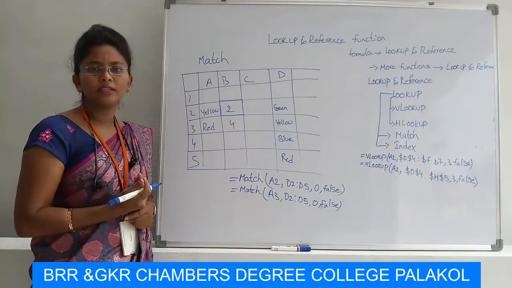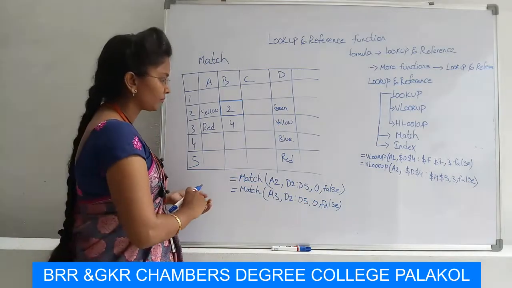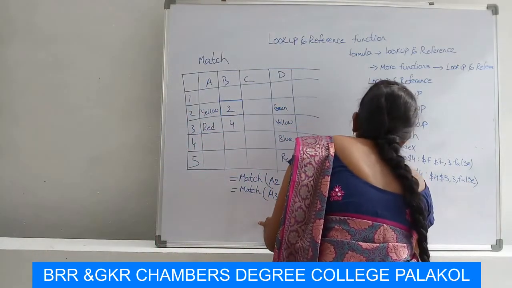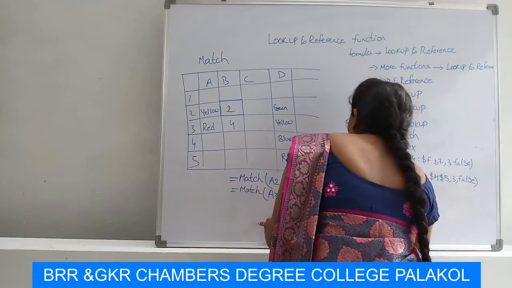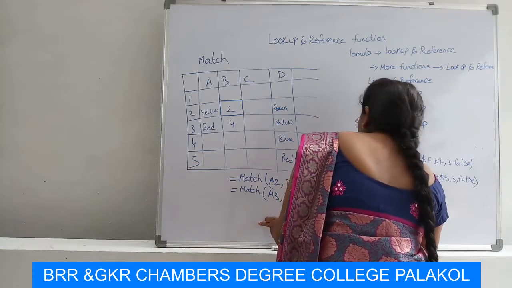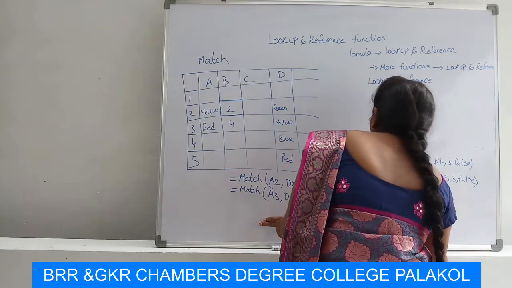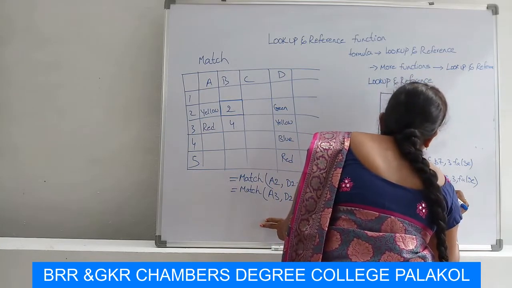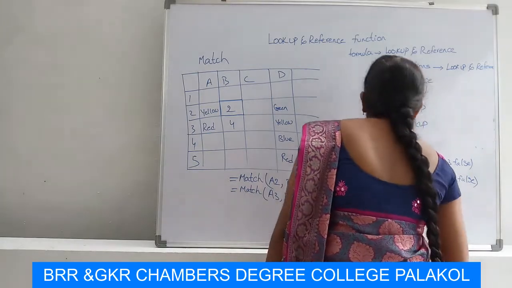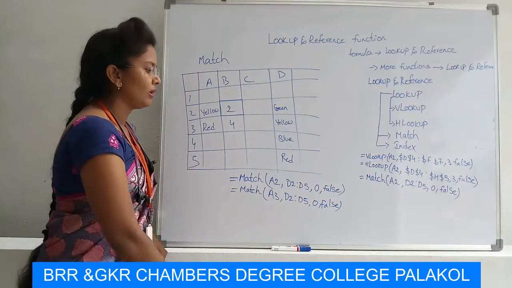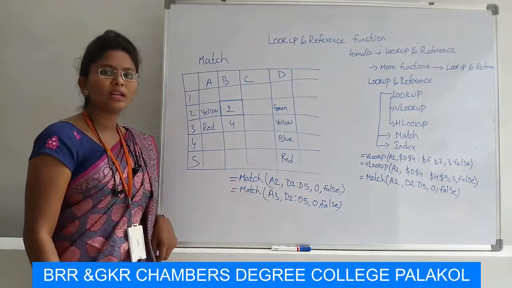And the next one is the INDEX function. For the reference, I am writing the formula here: MATCH A2, comma D2 colon D5 and the false statement. You have to notice one thing. In this MATCH function formula, I didn't lock the cell references.